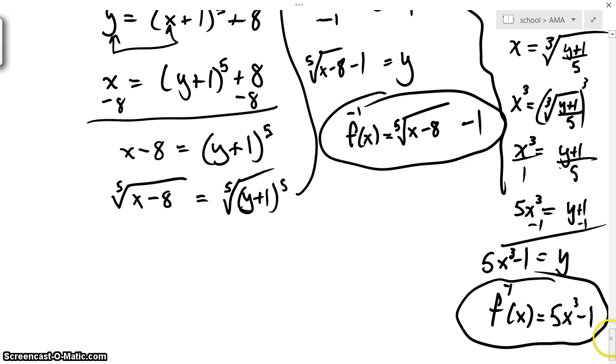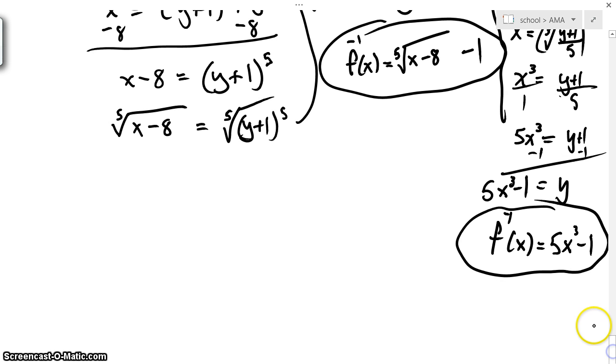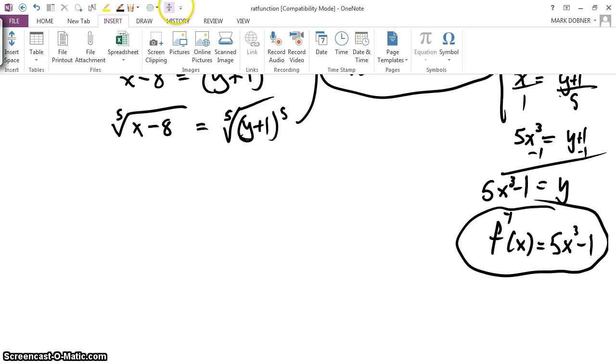Okay, we do have a little bit of time. Maybe we could do one final inverse problem, and I think that would be a good way to wrap up. Let's get a little more space here. Last example, find the inverse of f of x equals 5 all over x minus 1.